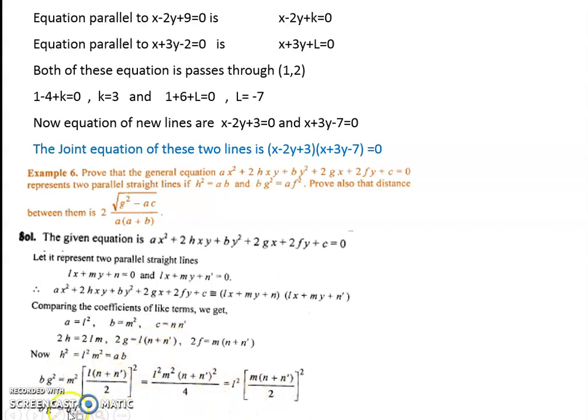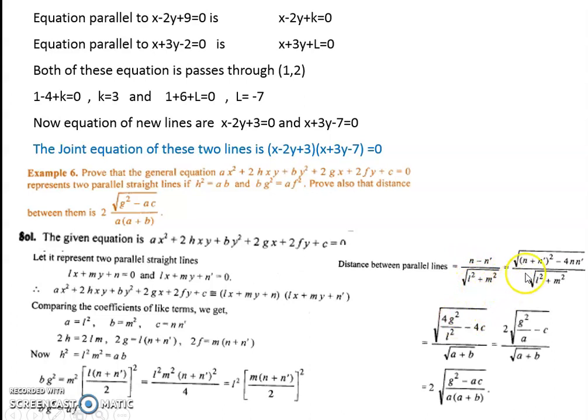On simplifying this, I got bg square is equal to af square, nothing else, because L square is common, m into n plus n dash by 2 whole square. So m into n plus n dash by 2 becomes f. So f square, bg square is equal to af square. Next, the distance between the parallel lines is equal to n minus n dash over under root L square plus m square, and then we put the values of n plus n dash and n dash. So we got this answer.